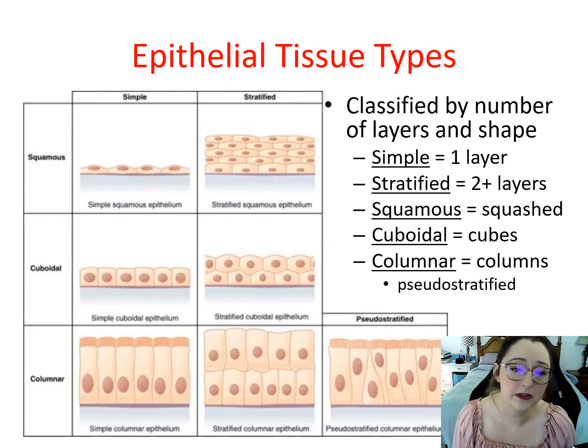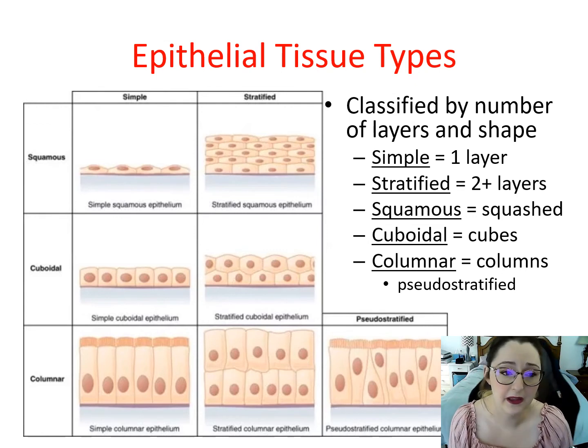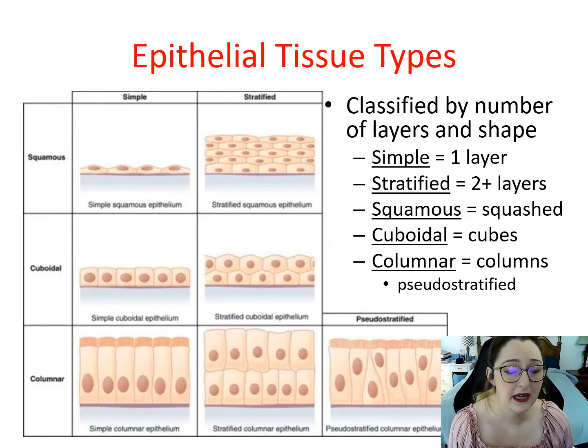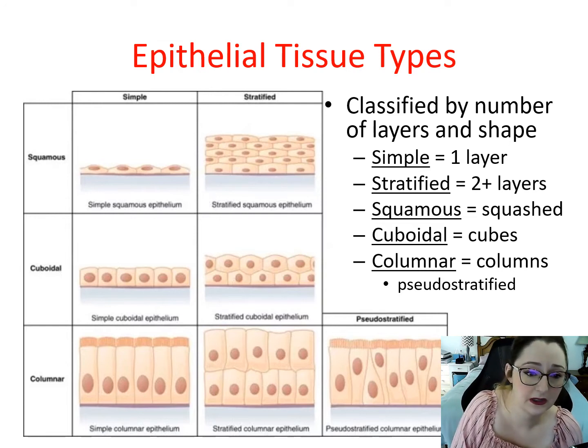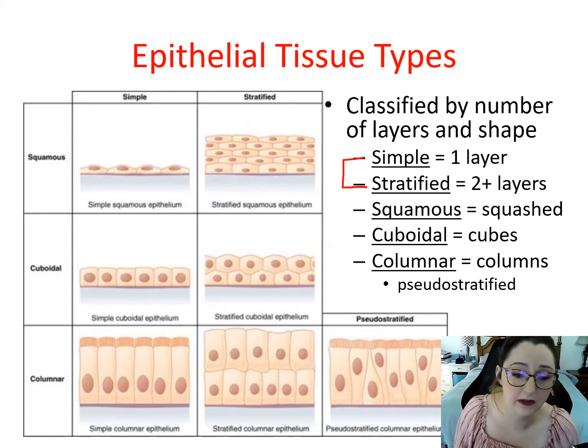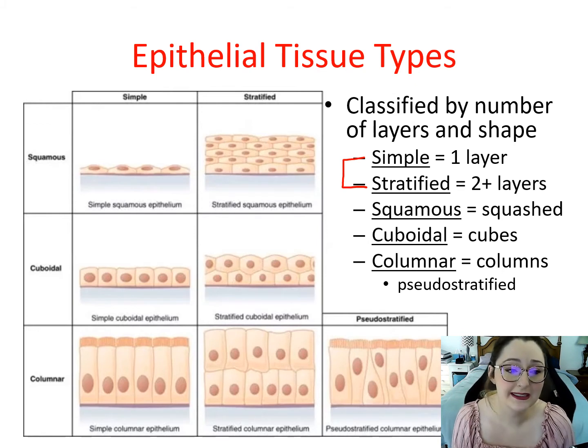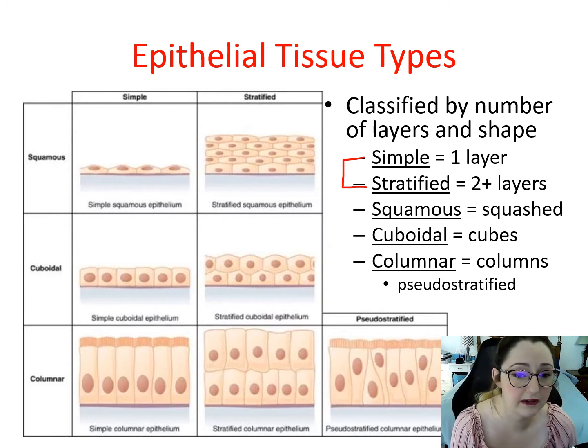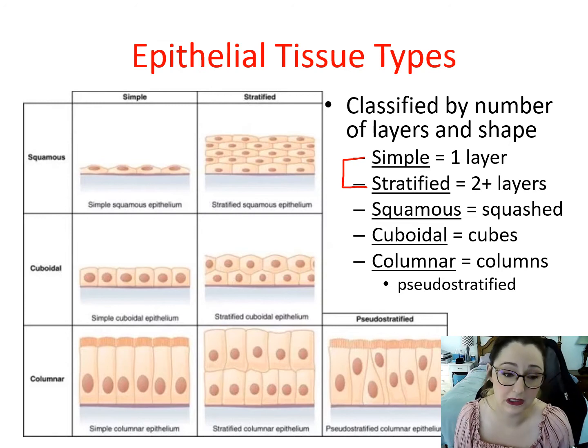So epithelial tissue is going to be classified by the number of layers as well as by the shape of the cell itself. Now, these 2 terms, simple and stratified, are kind of in relation to each other. Simple is going to be 1 single layer, while stratified means 2 or more layers.